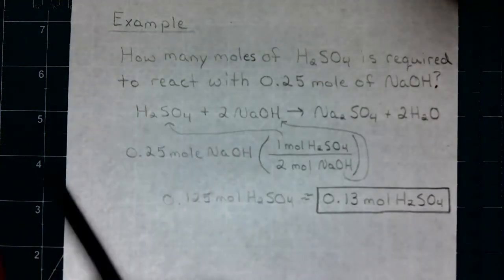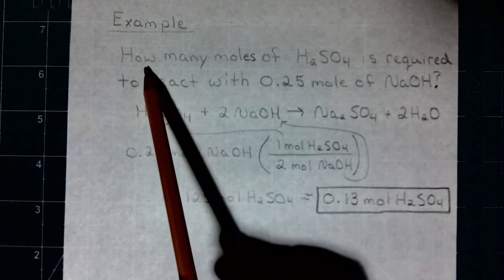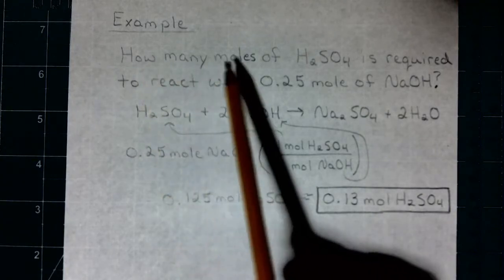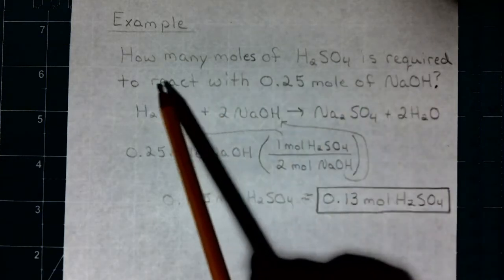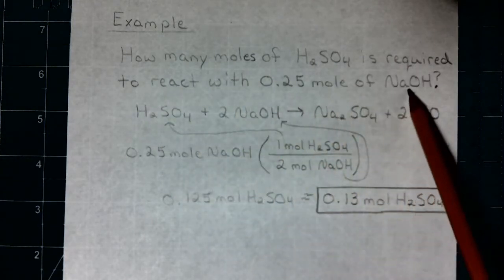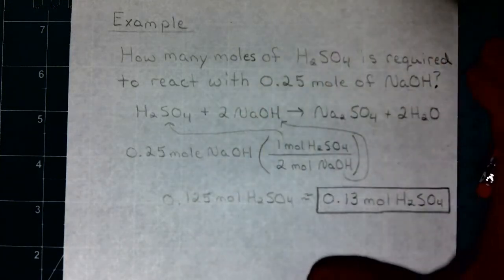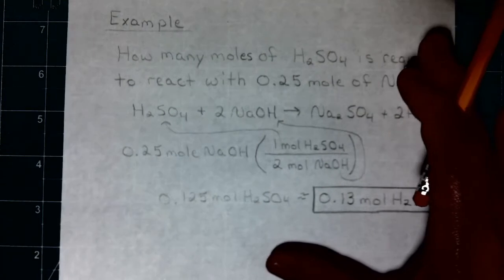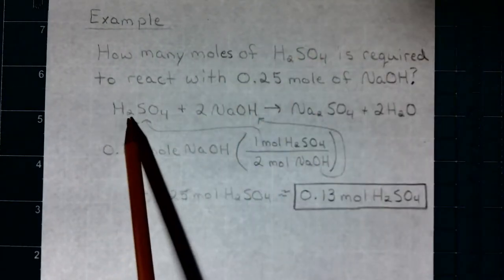So let's take a look at an example. This question is asking us how many moles of H2SO4 is required to react with 0.25 mole of sodium hydroxide. So the first thing we need to know is what is the reaction between H2SO4 and sodium hydroxide.